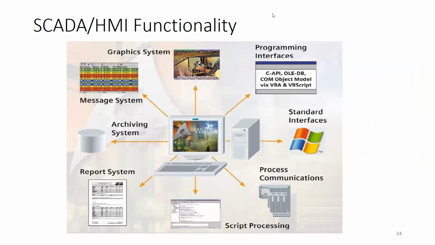Okay. So you see, if SCADA software is running over here, it will be connected to a number of things. It will have some interface using some operating system like Windows, from where it will process the data through a microcontroller and generate some scripts.